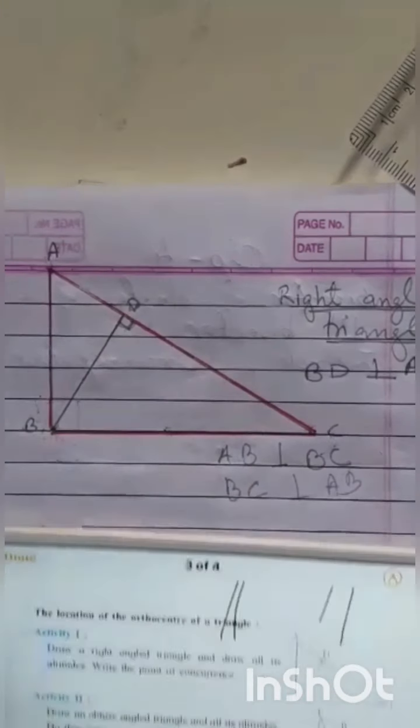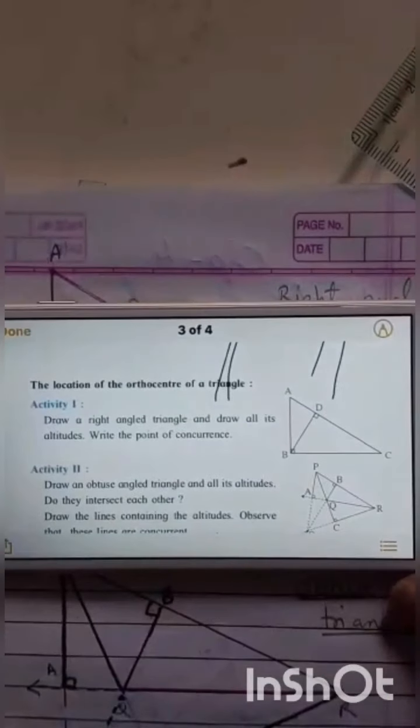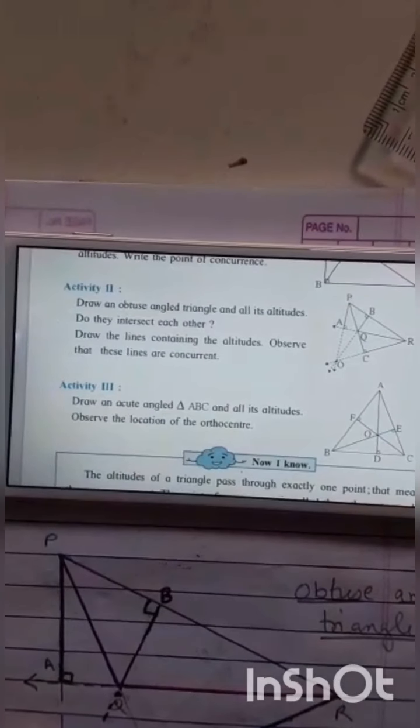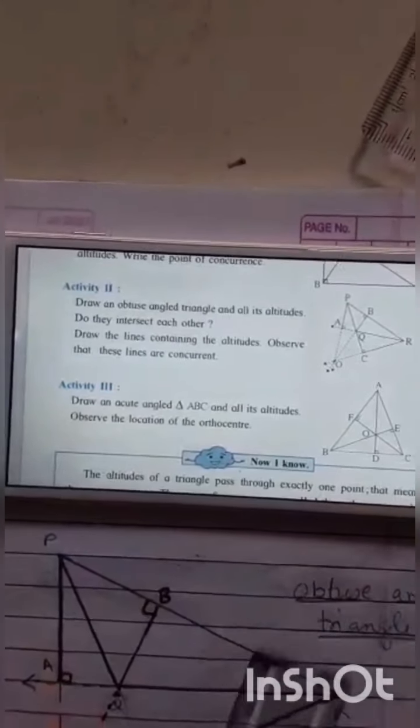Now we'll be going ahead, we'll be studying the obtuse angle triangle. Now I have drawn an obtuse angle triangle here.